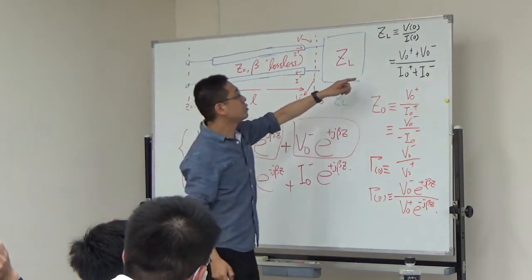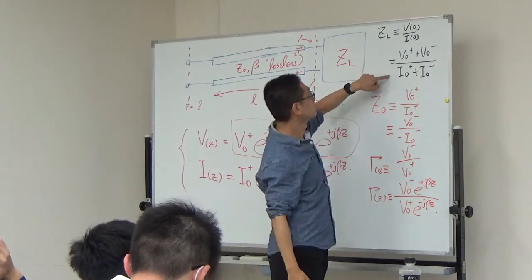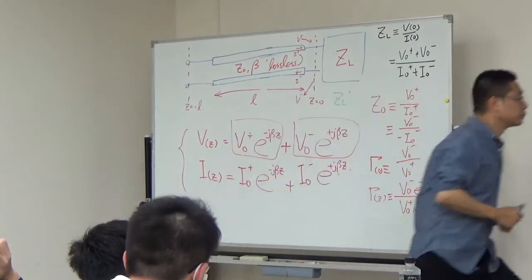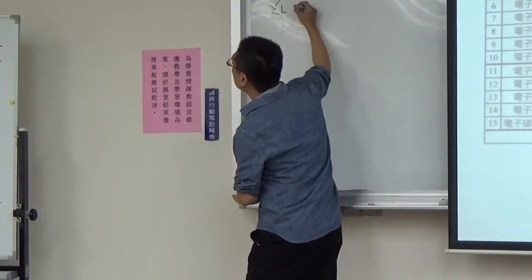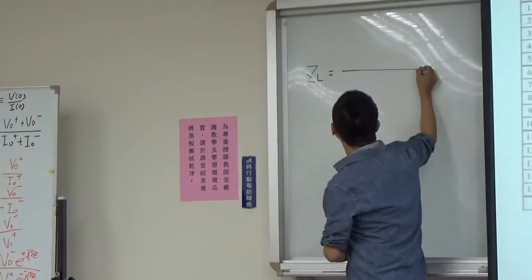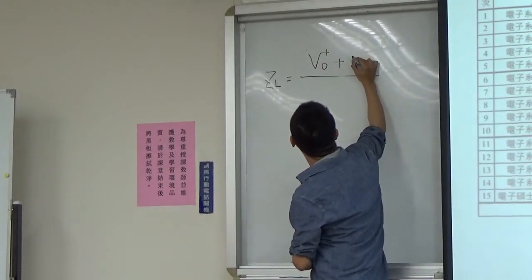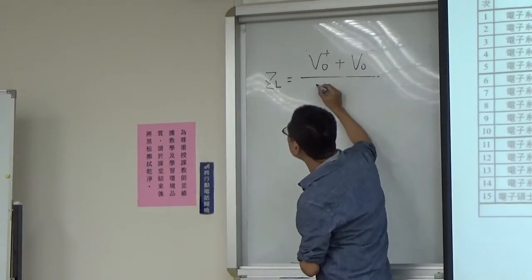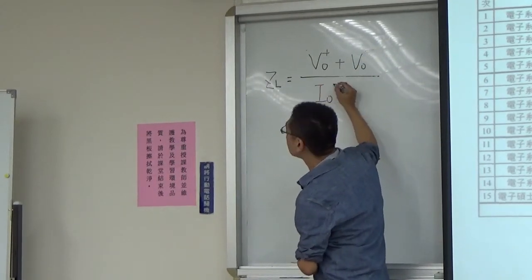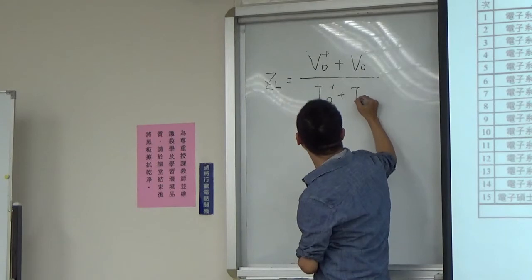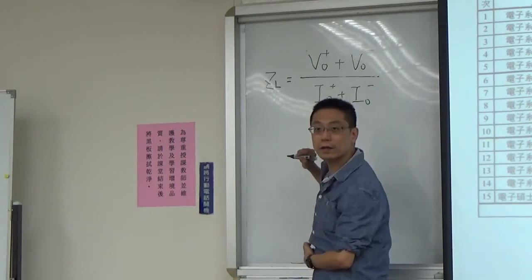Use this equation: Z0 equals V0 plus over I0 plus.